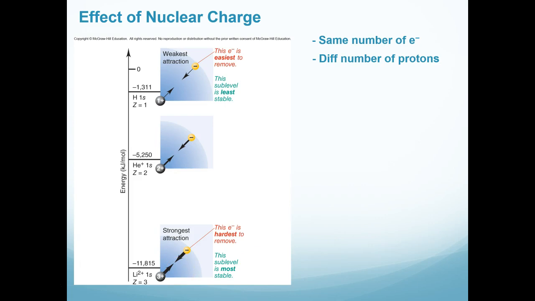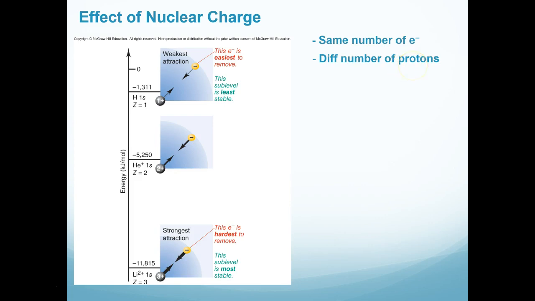Okay, so let's look at a few different cases. The first case, if we're looking at the effective nuclear charge, in this case we're going to have the same number of electrons. So we have hydrogen, we have helium with a plus charge, and we have lithium with a 2+ charge. All of them have the same number of electrons, but they have a different number of protons.